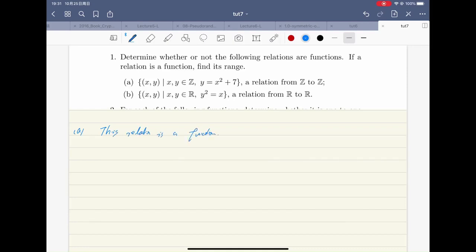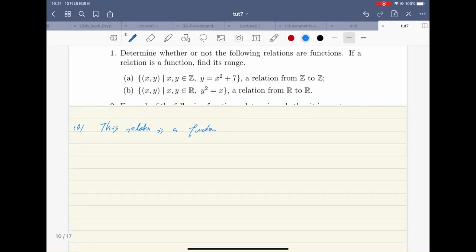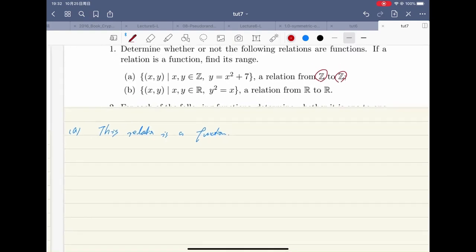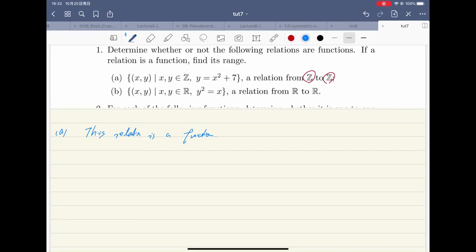Next, if the relation is a function, then find its range. We know that this one is the domain and this one is the codomain. So you have to find the values in the codomain that make the equation valid. Let me try some values. Let x be 1, 2, 3 or something.